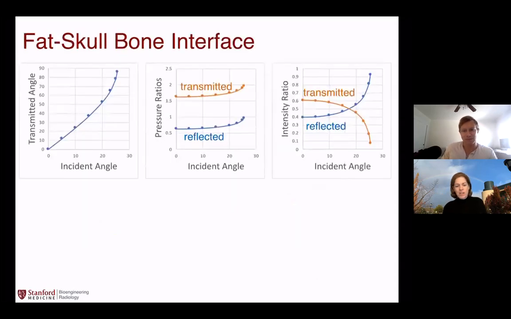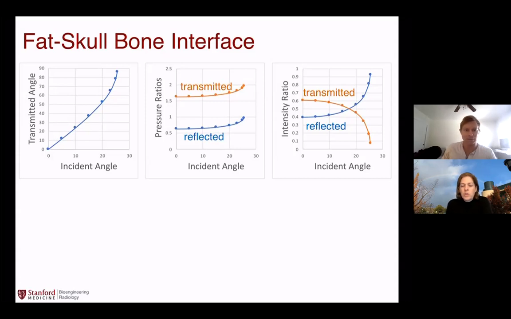So just to summarize what we've looked at so far, if we look at the incident angle versus a transmitted angle, there's not a one-to-one correspondence because there's going to be refraction. So this first plot is just telling you about the refraction angle.